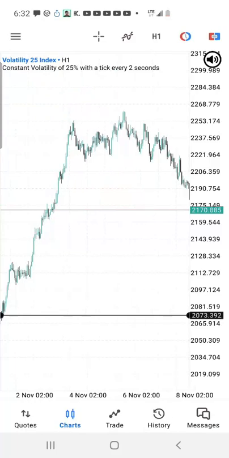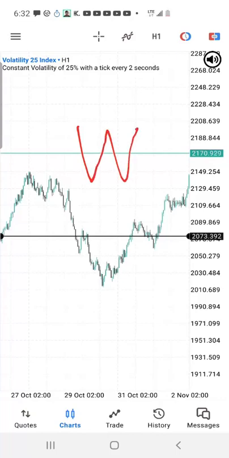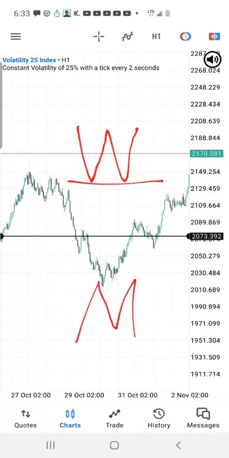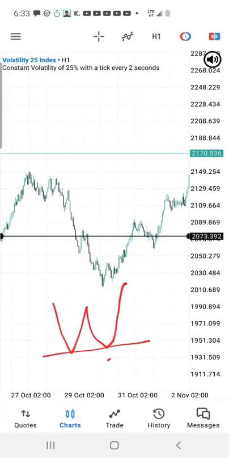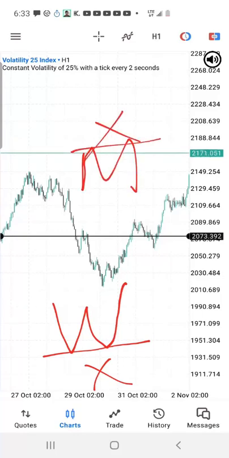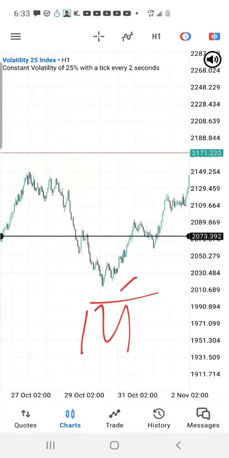Now, how do you locate where liquidity is on the chart? Liquidity is located where there are relatively equal lows like this, or relatively equal highs like this. So liquidity sits below relatively equal lows and above relatively equal highs.